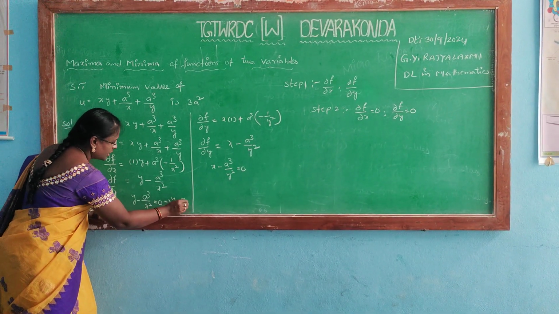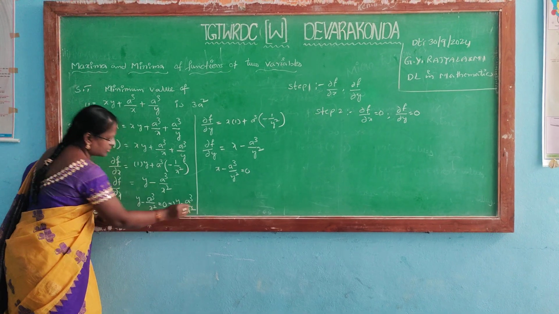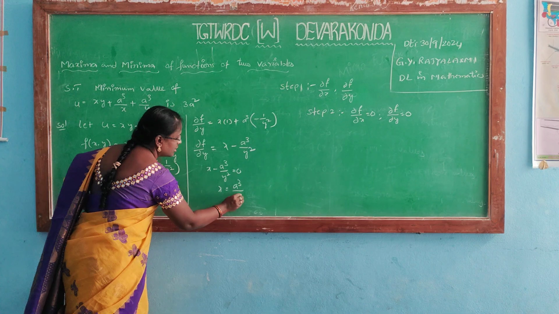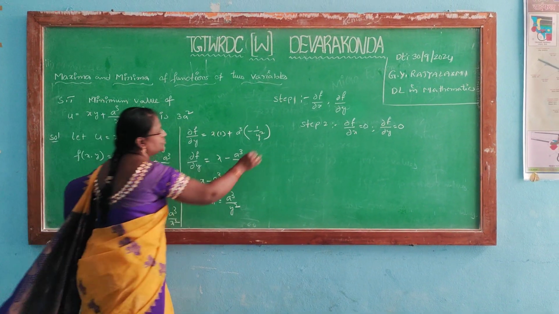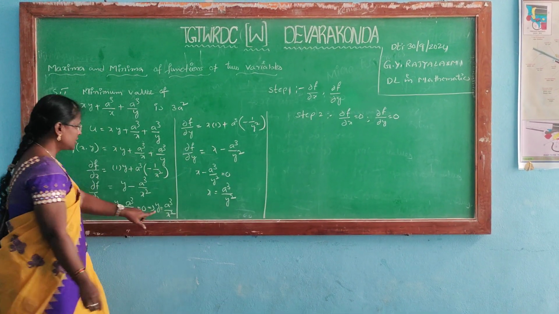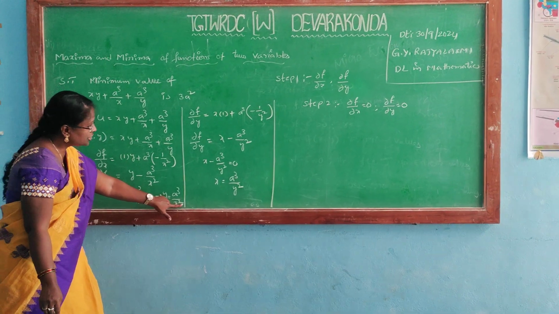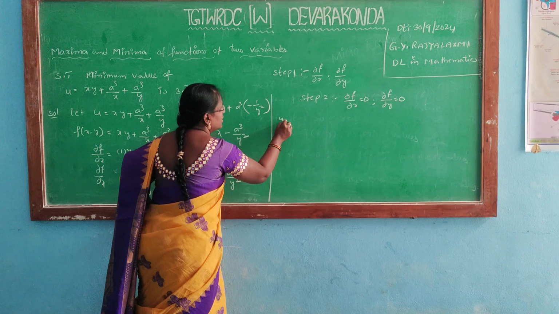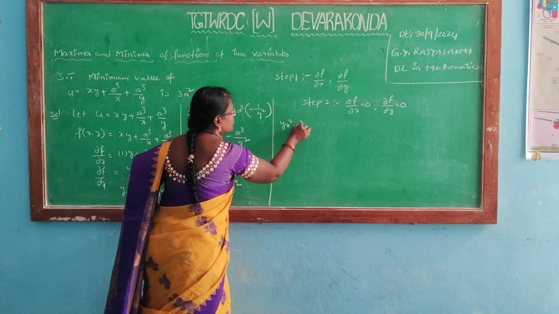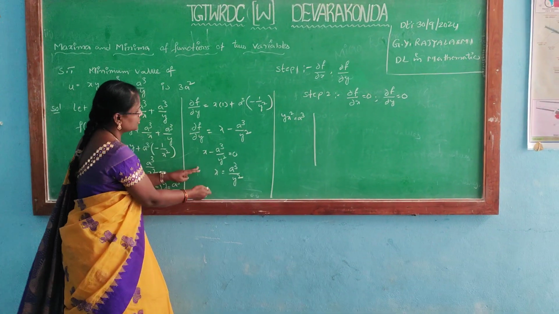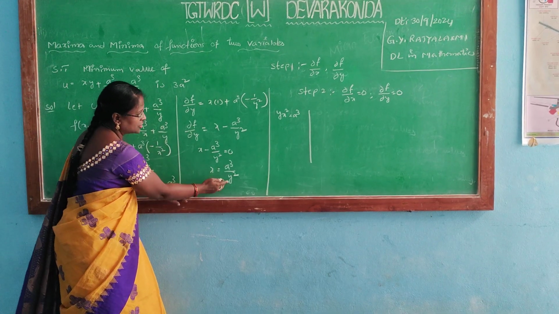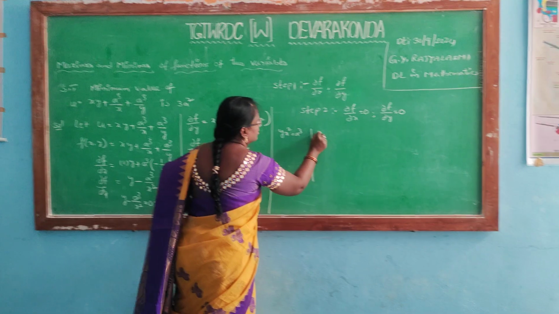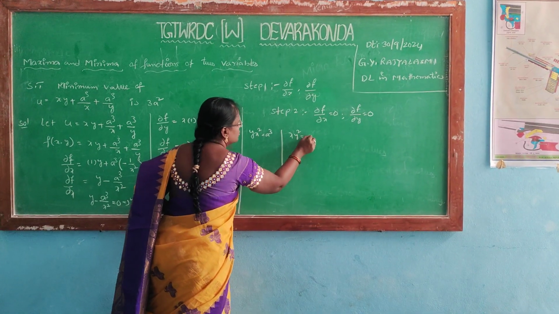So y x square equal to a cube, and here with respect to y, transposing this denominator from right to left, x y square equal to a cube.